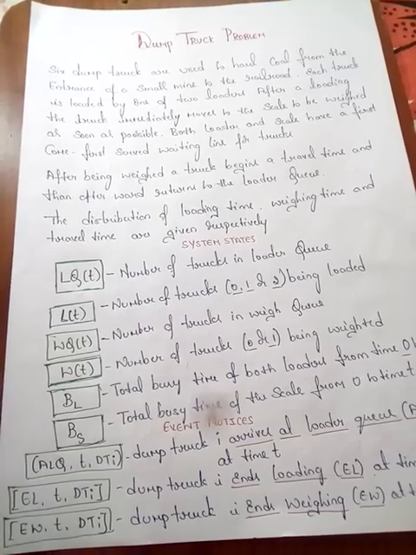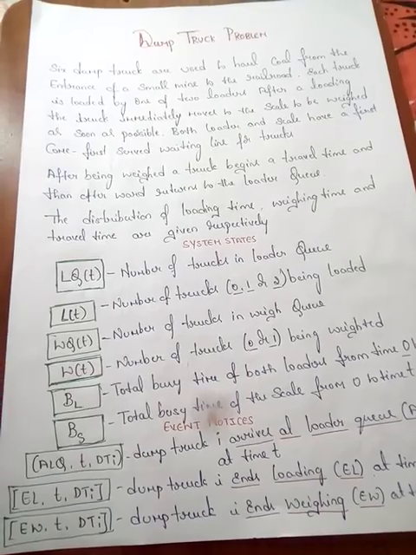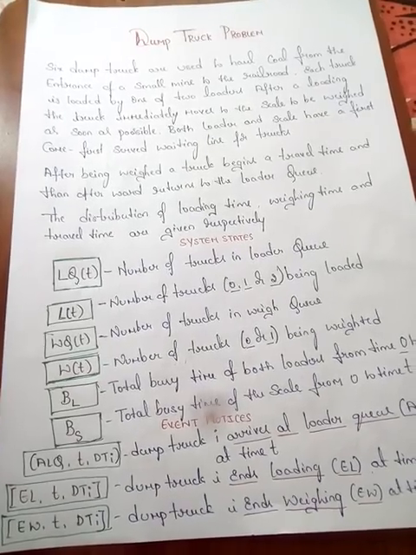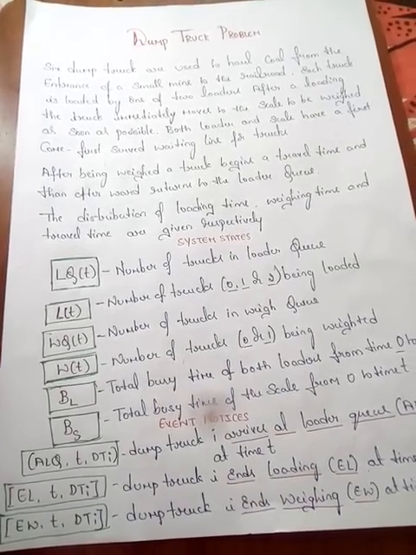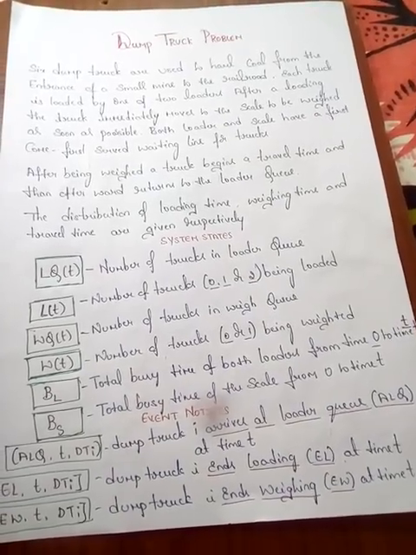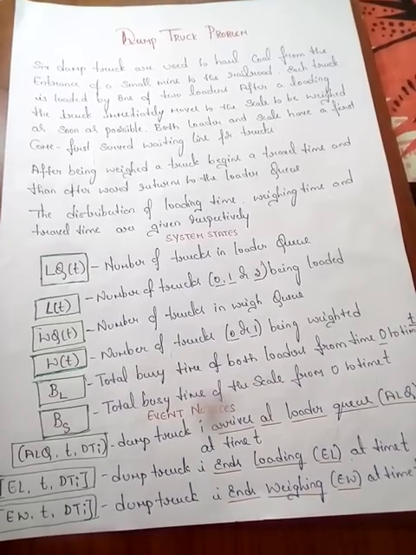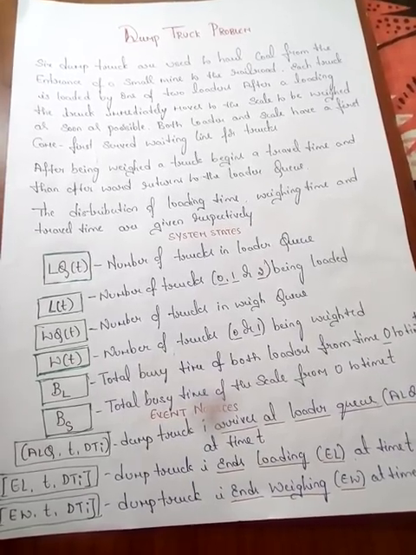Then W of T represents the number of trucks that are being weighed one after the other. Then BL, the busy time of the loader from time 0 to time T. Then BS, the total busy time of the scale from 0 to time T.